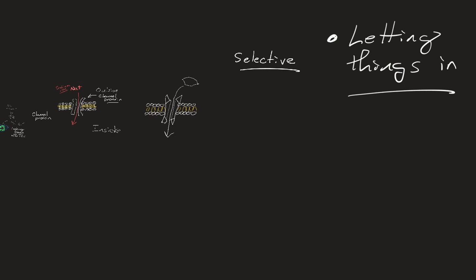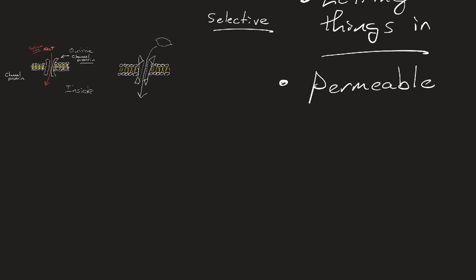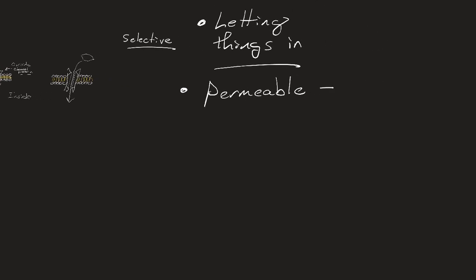What about this word, permeable? It's in your chapter reading. You never heard of something being permeable? How about impermeable? Is that the opposite of permeable? That's correct. Excellent. Good job. Permeable means it's allowed through. It allows things through. It's permeable.